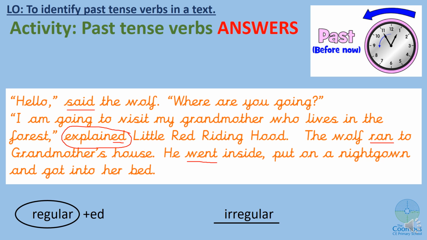He went inside. Put. That is another irregular past tense verb. On a nightgown. And got into her bed. So those are the answers for that part of the text. Next, we're going to go on to the third paragraph, which is the green one.